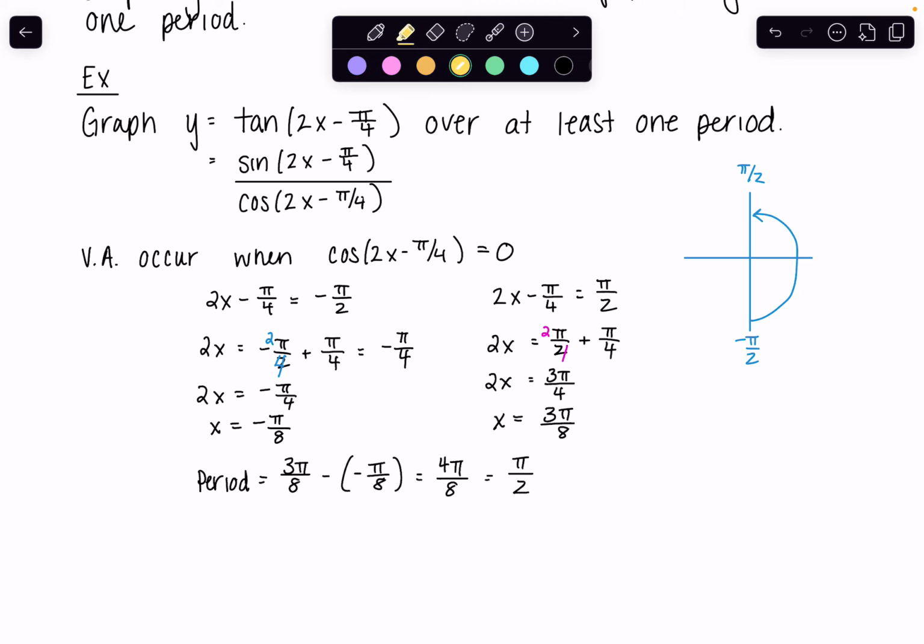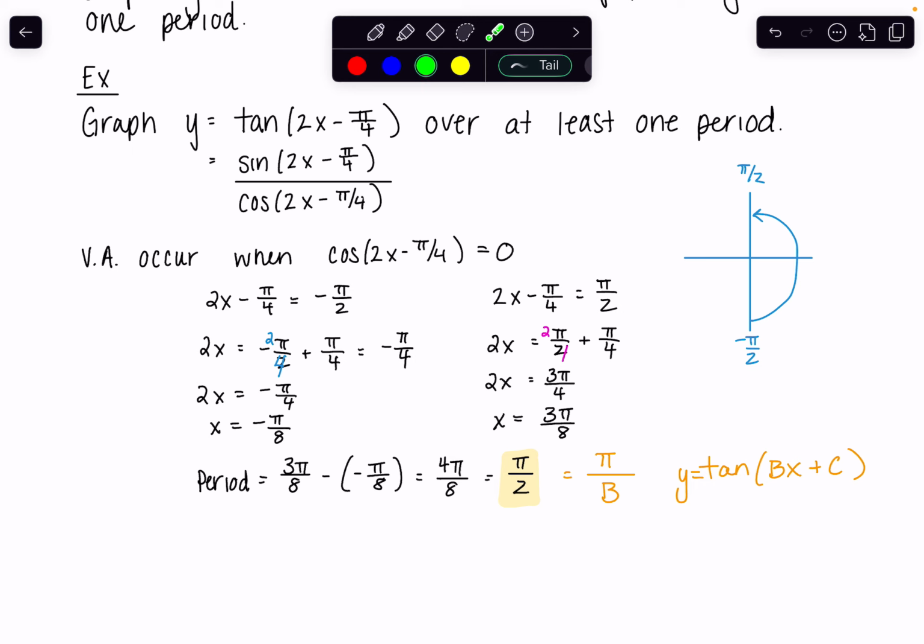So that is our period. But again, you can find that just from back up here. Really, the formula we have for this is you now take pi and divide it by b when you're graphing tangent of bx plus c. Okay? So for sine and cosine, we took 2 pi and divided it by what was attached to x. Here, because it's pi periodic, you do pi divided by b.